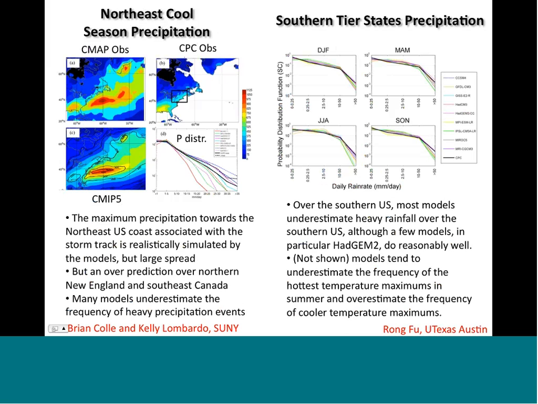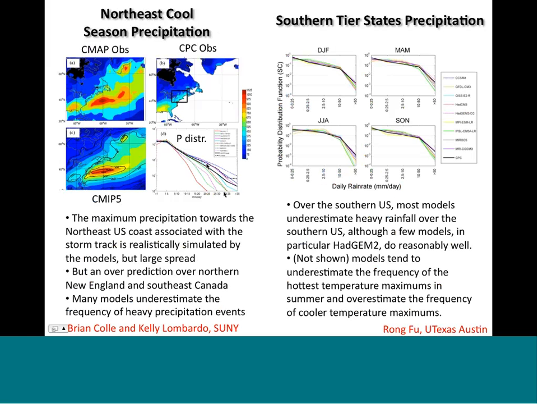I'm not going to say too much about these slides here, but just to highlight a couple of panels. We're looking at seasonal precipitation for the northeast in the wintertime, and also southern tier states for all seasons. And then these distribution panels here and here basically show the frequency distribution of daily precipitation events.